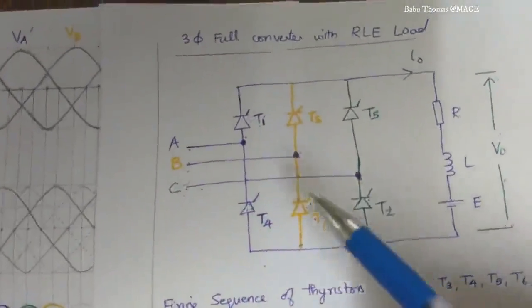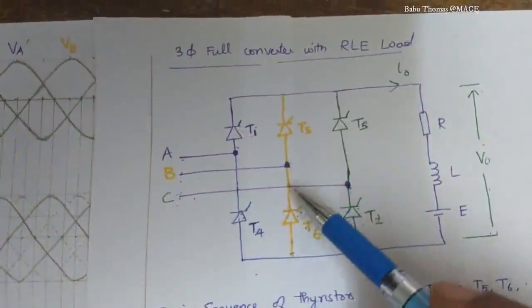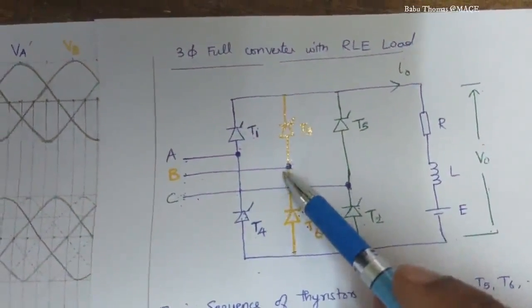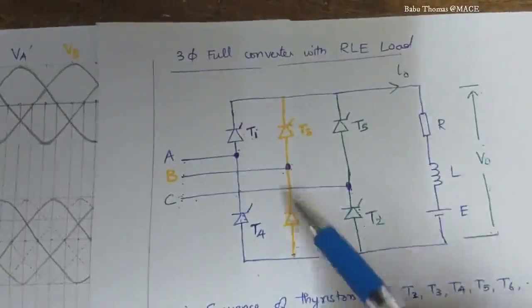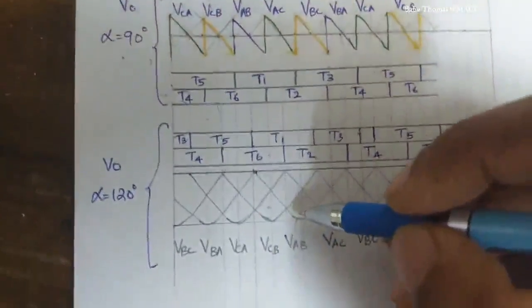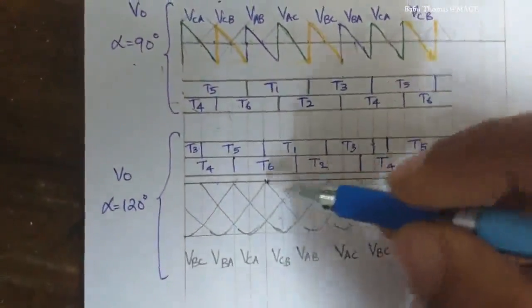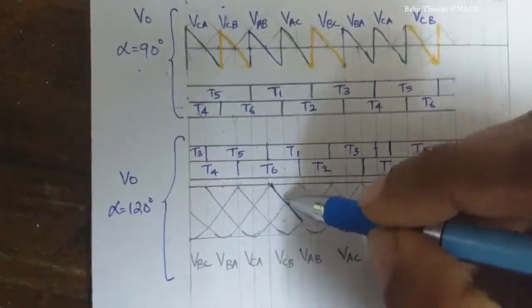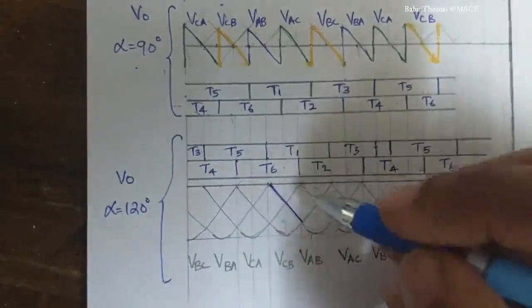When T1 and T6 are conducting, the voltage which comes across the load is nothing but VAB. So T1, RLE, T6 to the point B. So the corresponding waveform of VAB I can mark as the output voltage.